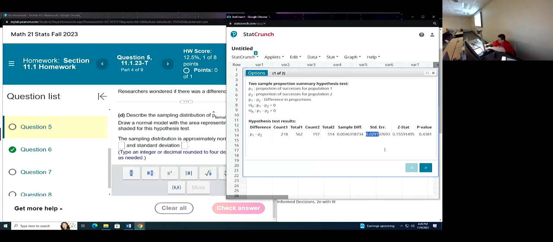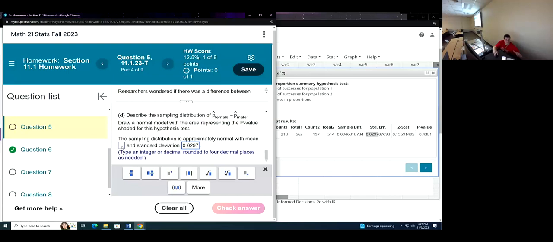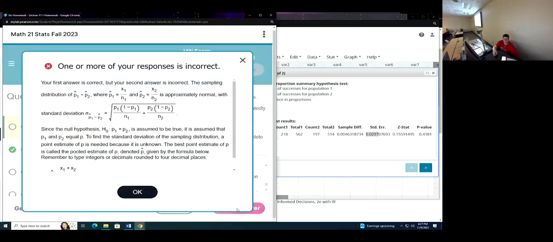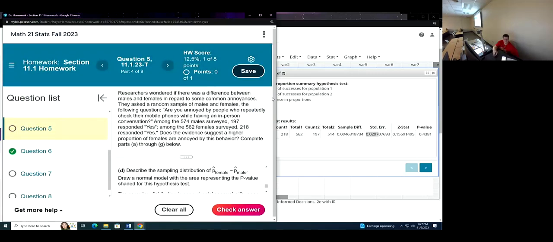And to 4 decimal places, it's 0.0297, which I will copy and paste. And that was 0. Did I do the wrong number of decimal places?